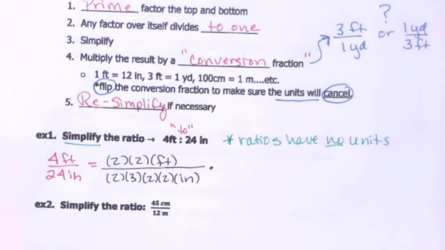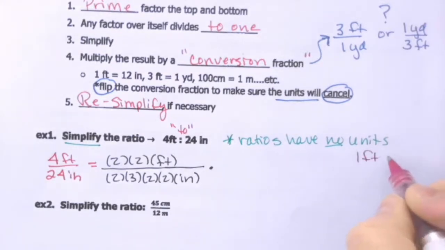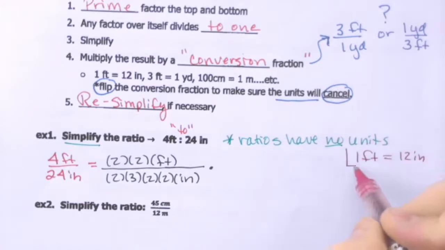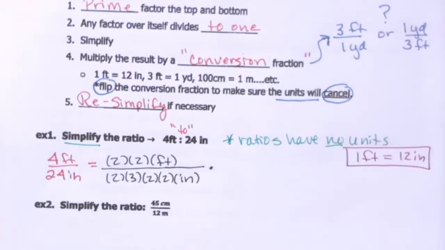Okay, you know that 1 foot is equal to 12 inches. That's your conversion. I want the feet and the inches to cancel out because this is a ratio. So I have to decide, is it feet over inches or inches over feet? You decide that by which way will have them cancel out.